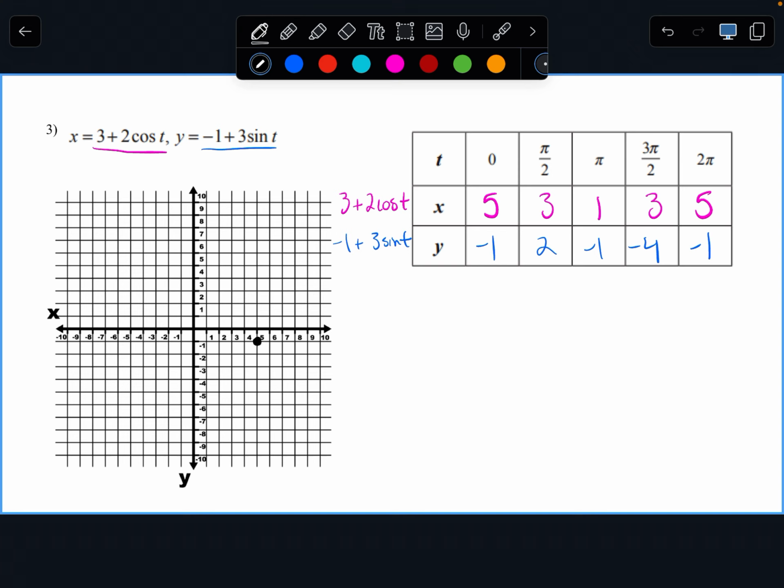And then you're going to go 3, 2, and then 1, negative 1, 3, negative 4, and then 5, negative 1 again. Yeah, not just a circle.